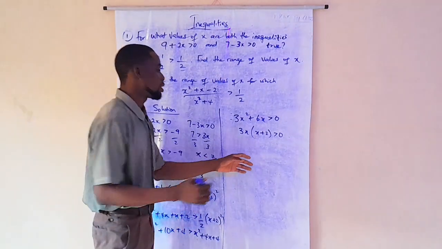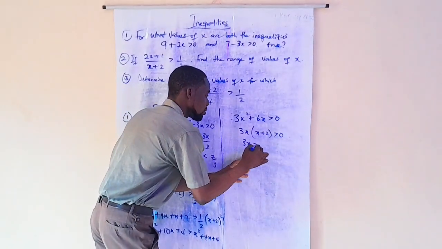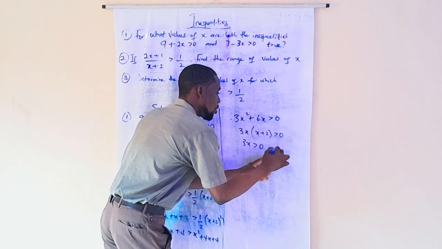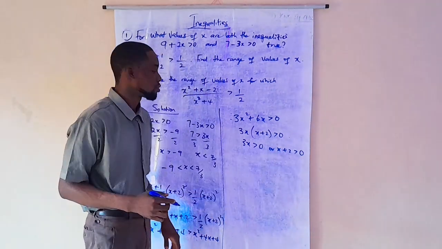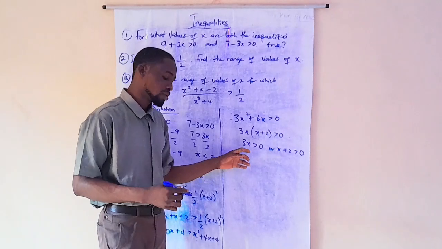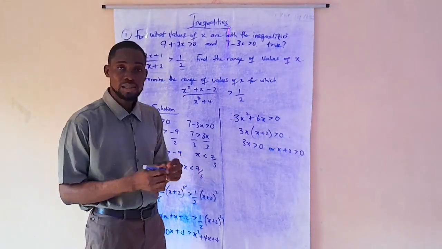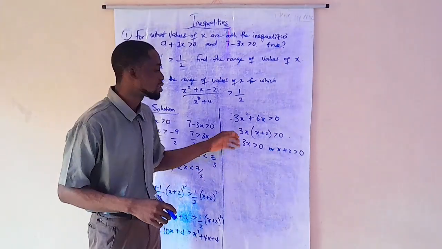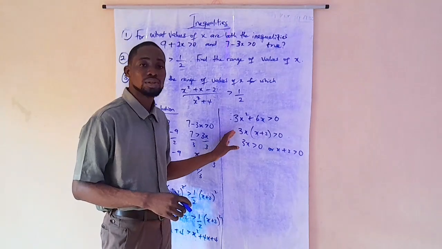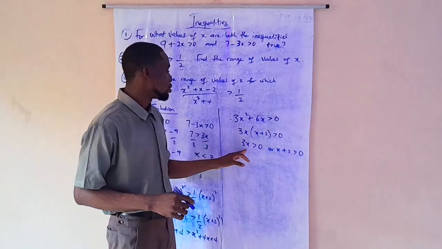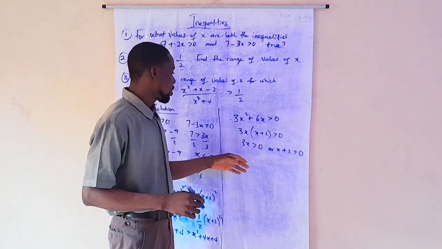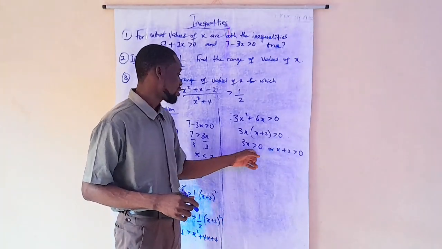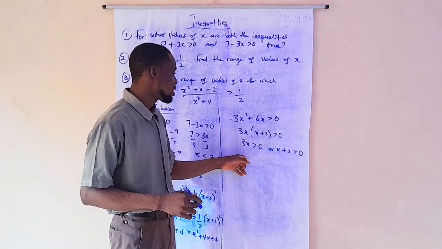Finally, it means that 3x is greater than 0 or x plus 2 is greater than 0. At this point, as I said in one of my classes when I taught something similar to this, quadratic inequality, you would speculate to know which would come out positive. Now, if I divide by 3, I'm going to have x greater than 0.